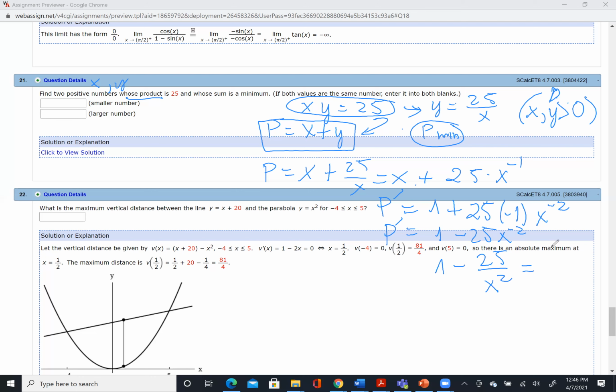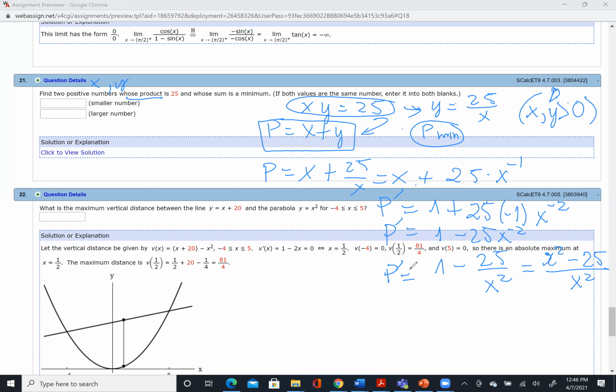So we have x squared minus 25 over x squared. Right? It is p derivative. Okay, so what should I do now? What's the next step?